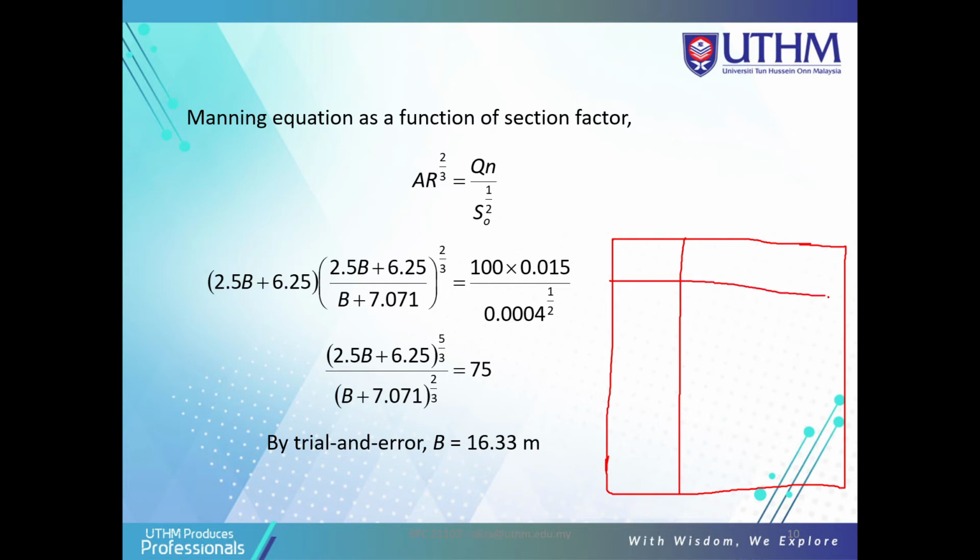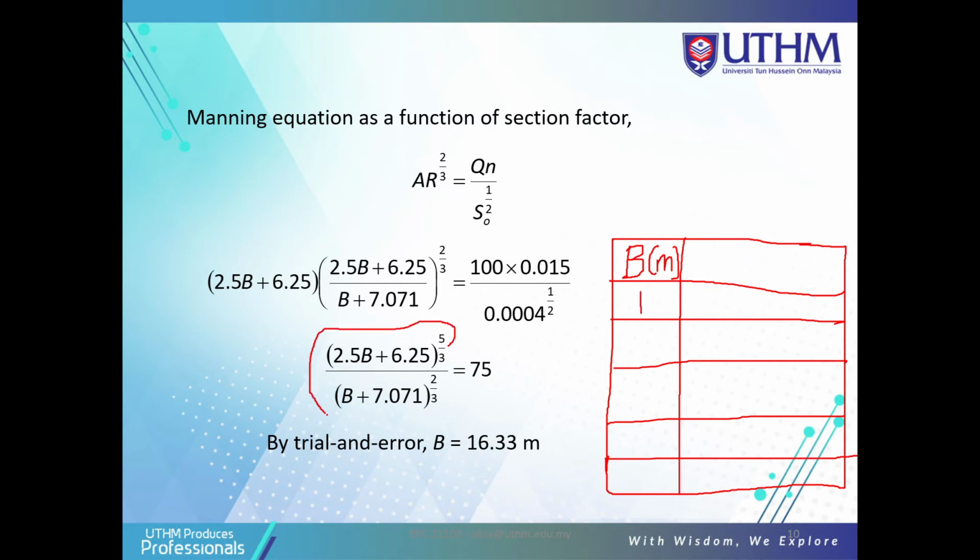You just add this column and mention b, assuming some value for b. If you assume b is 1, you put this value in this column here. You find the value here if b is 1. If b is 2, what is the value here?